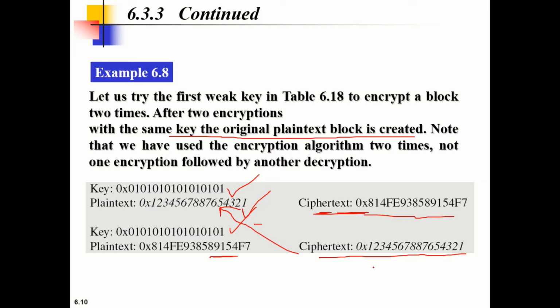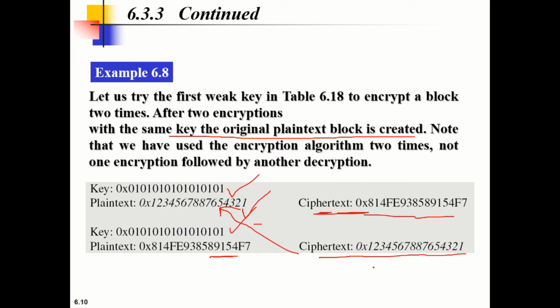So what is the problem with this? What happens if an attacker tries to find out the value of the ciphertext or the value of the key? It can easily find out its value.